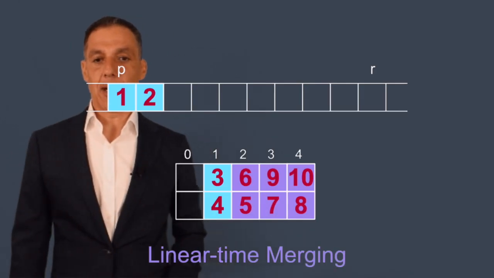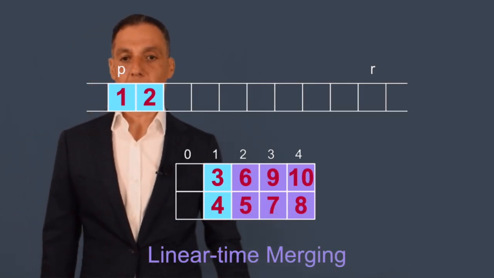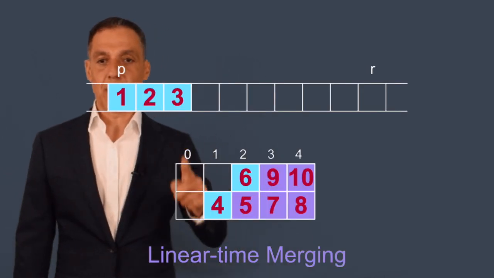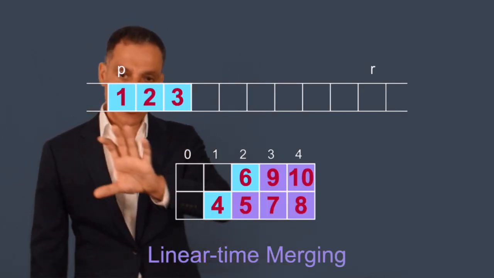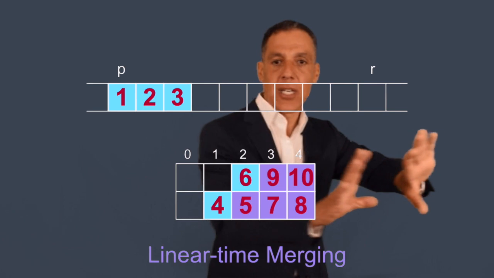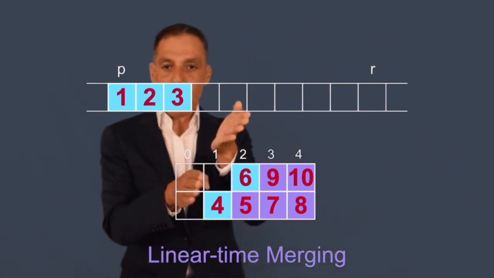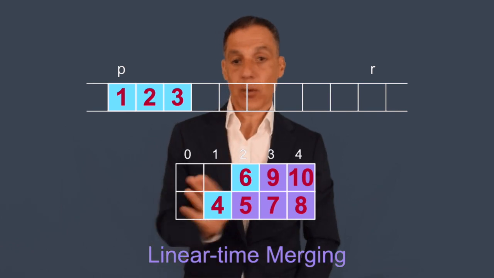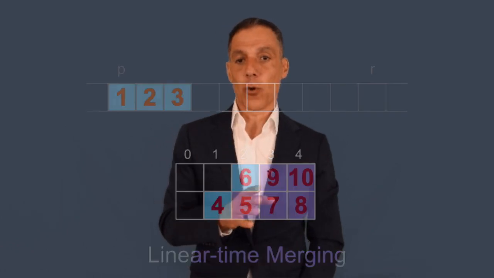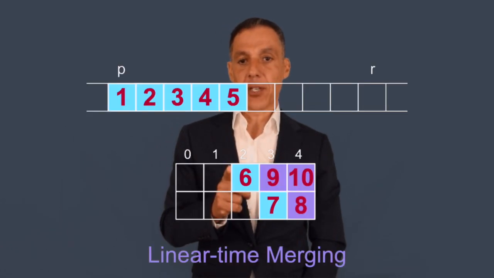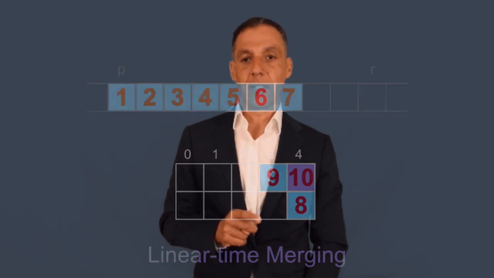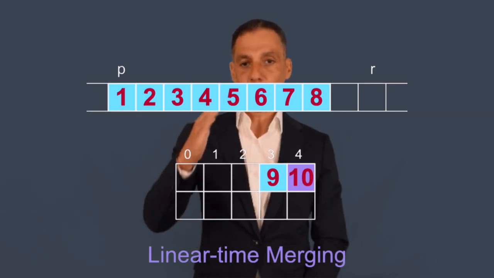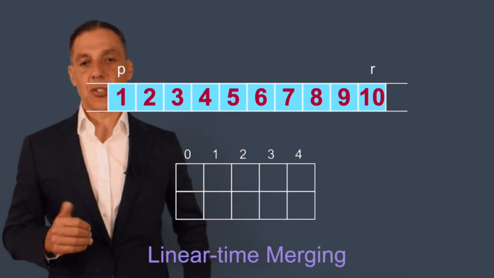So I pop that up. Now compare 2 more elements, 3 or 4. 3 goes up. Compare 4 and 6. You see that there's this leading edge coming out this way, and I'm always only looking at 2 elements on every iteration. I don't have to look at anything else. So the 4 pops up, the 5 pops up, the 6, the 7, the 8, and then of course I just pack in those last 2 elements.